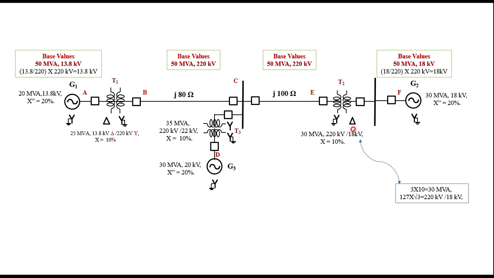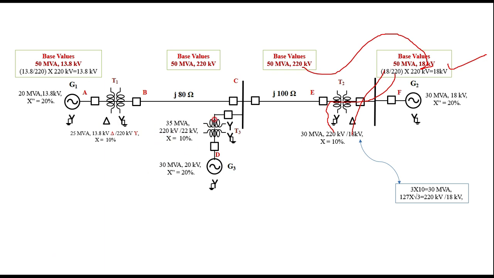Then the secondary is 18, that is towards the generator, and towards the transmission line side it is 220. Therefore the base quantity I have written here is 18 on this side and 220 on the other side, multiplied by this 220. So what I am getting is 18 kilovolts as the base quantity in the generator circuit.